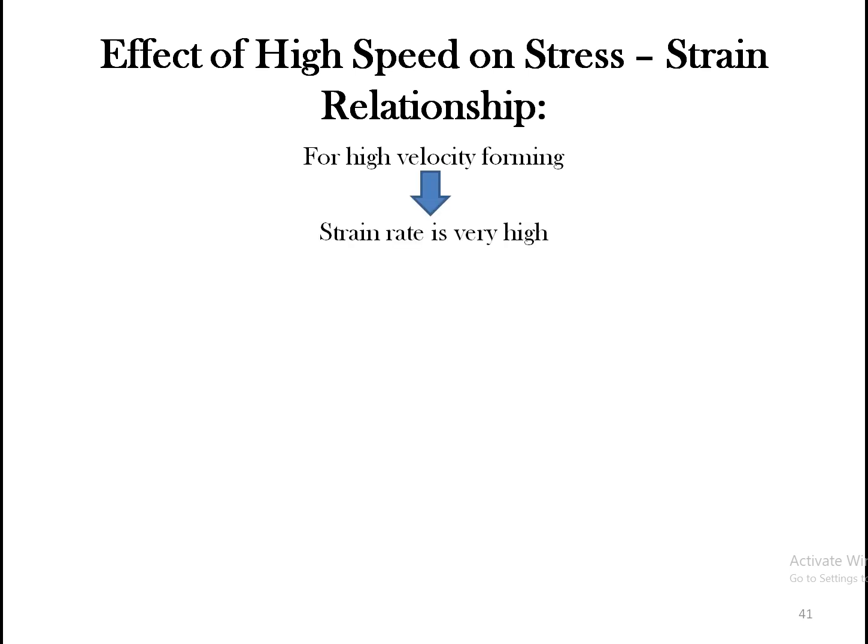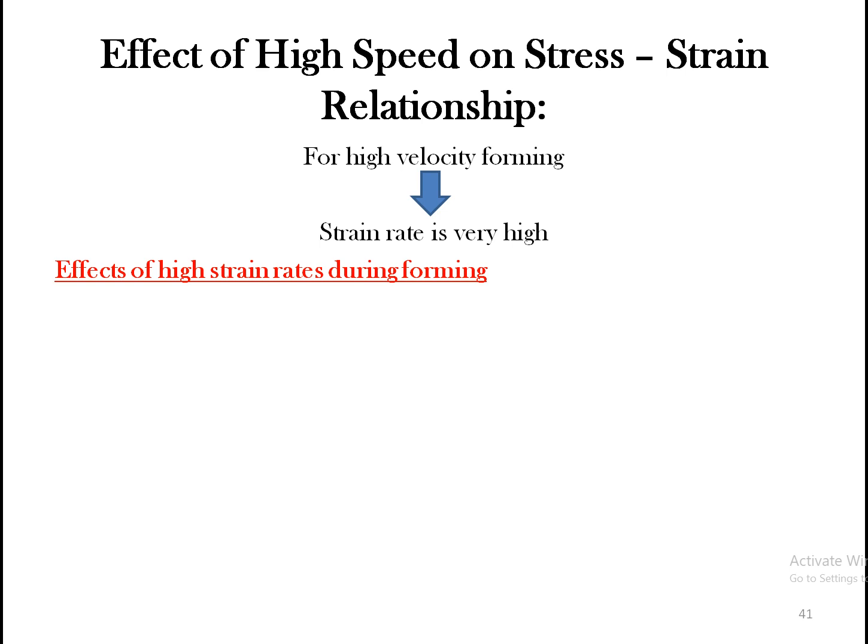For high velocity forming, your strain rate will be very high, as we have just discussed. When the velocity increases, the rate at which the strain is produced also increases, and therefore the strain rate will be very high. So what is the effect of having a high strain rate during forming?